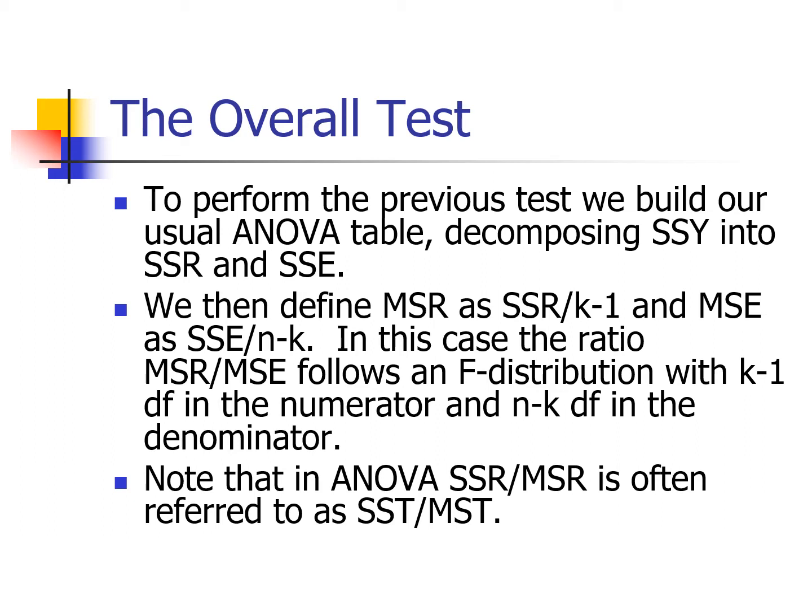Now note, in an ANOVA, we often use SST and MST instead of SSR and MSR. SST usually stands for the sum of squares treatment, or the mean squares treatment, because in an ANOVA context, what we're often comparing is different treatments.